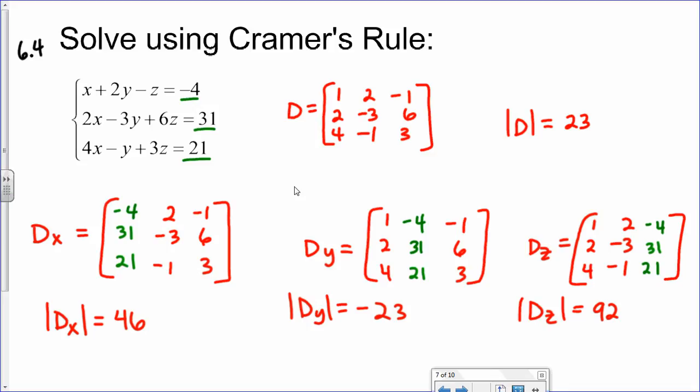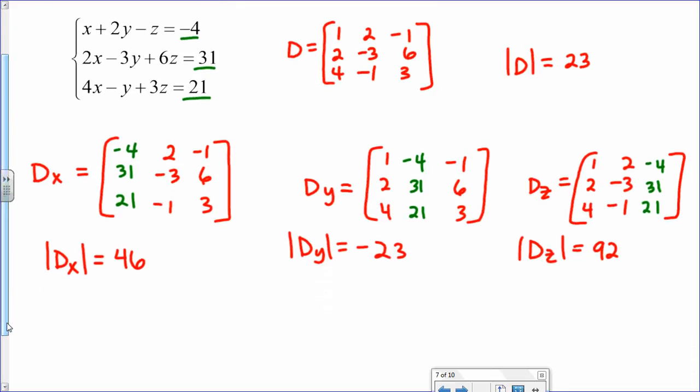Okay, so then to find x, y, and z, x is the determinant of Dx over D. So the determinant of D is always what you're dividing by, so take D as the denominator. So that's 46 over 23, which is 2.